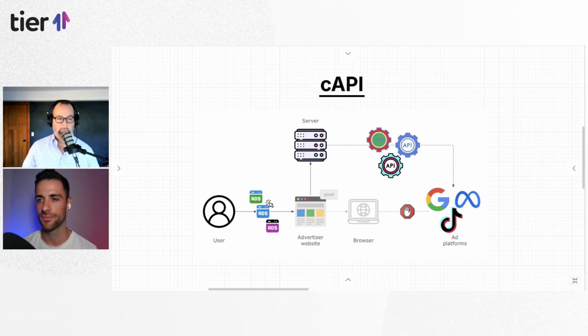So you're using the pixel in this case. The pixel then becomes the third party in this whole thing. And the reason why cAPI works through the API is because you are the first-party data. You actually own it, provided that you have a privacy policy on your page.